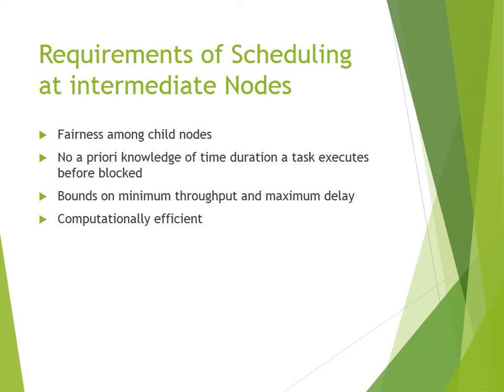Furthermore, for the bounds to be useful, they should hold in realistic computing environments in which interrupts may be processed at highest priority. The fourth point is that to be feasible in a general-purpose operating system, the scheduling algorithm should be computationally efficient.